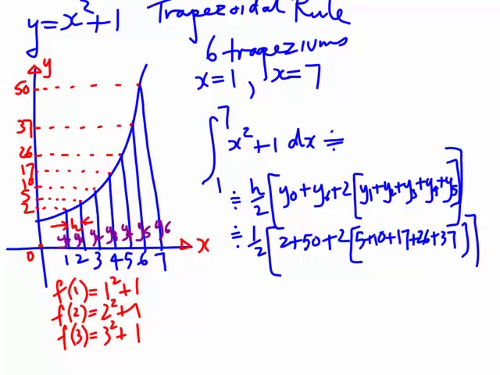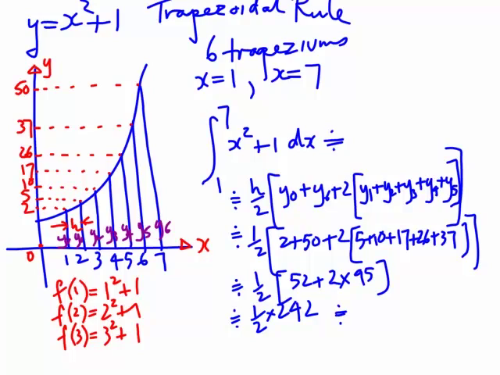So it's approximately a half of 52 plus 2 lots of 95, which gives approximately a half of 242, which is approximately equal to 121.